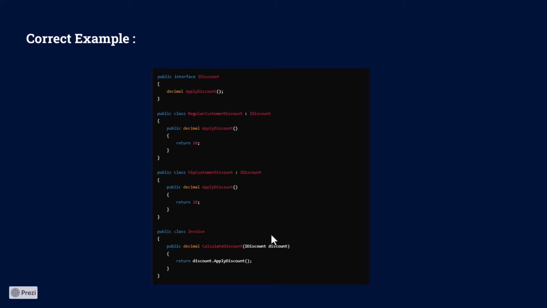In this case, it's overloading and inheriting from a discount interface. For example, right here I'm creating a public interface IDiscount, which declares a decimal apply discount function. Then I create RegularCustomerDiscount, a class that returns the discount for a regular customer. I inherit IDiscount to access apply discount.